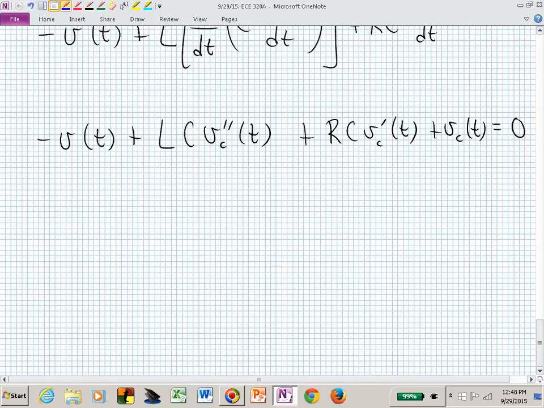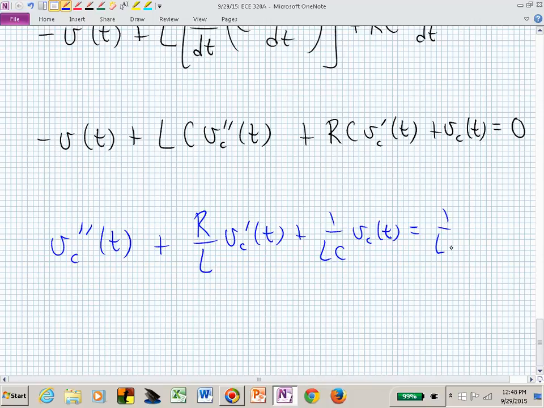If we divide every term by LC, we achieve that goal by making the coefficient of V sub C double prime unity. Doing that, I now have R over L V sub C prime plus 1 over LC V sub C of t, and let me take my source to the other side.